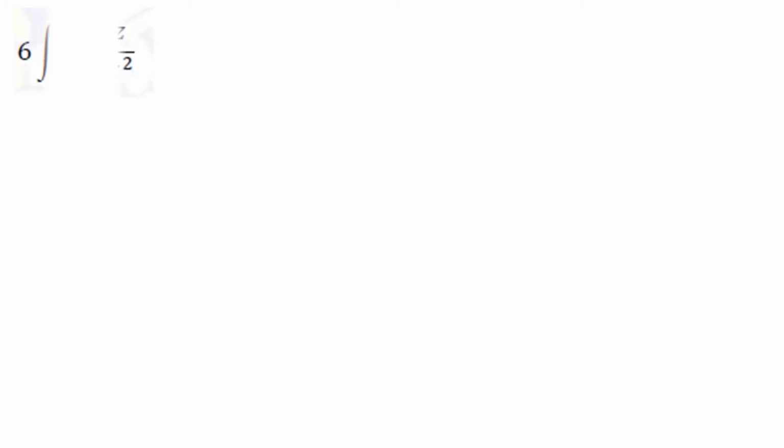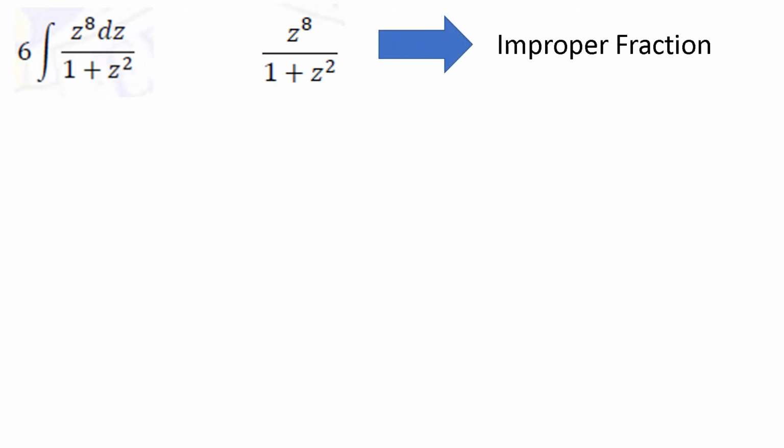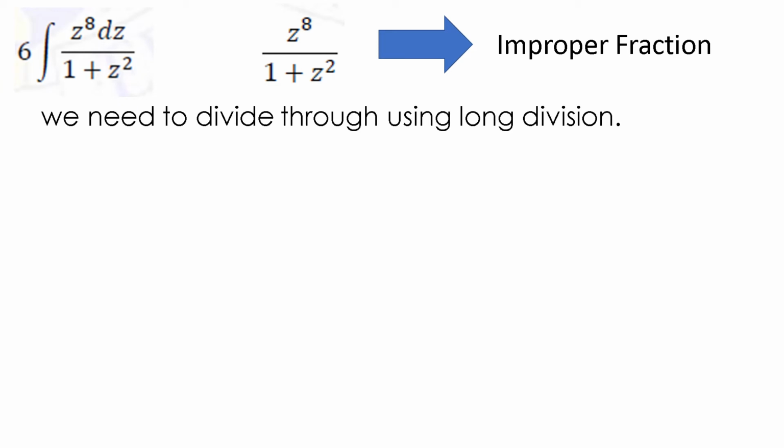In the case of our integral, the degree of the numerator is greater than the degree of the denominator, making this an improper fraction. So we have to divide the numerator by the denominator, and we could use long division.